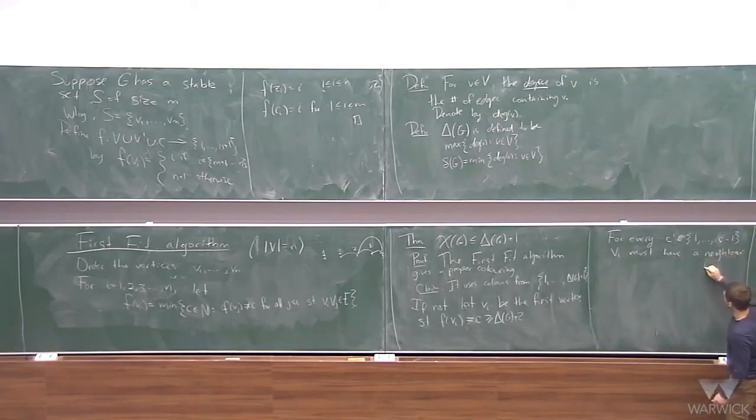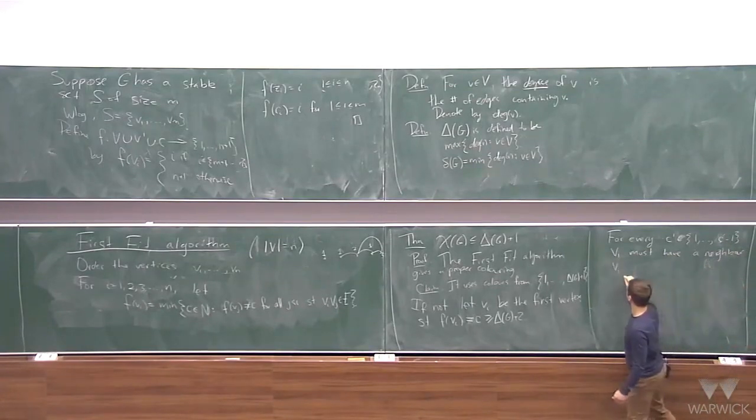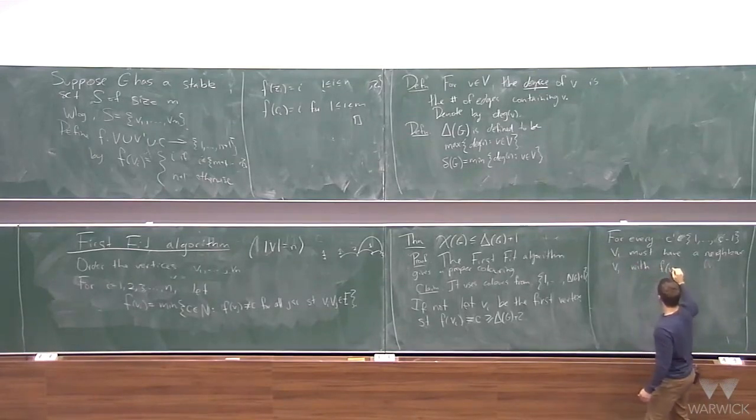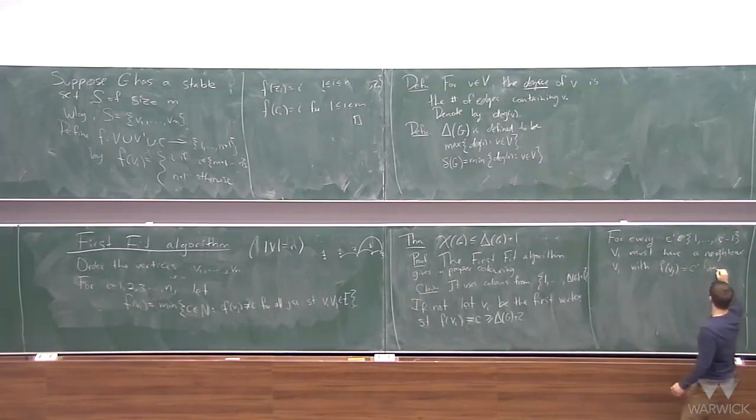When I say neighbor, I mean a vertex which has an edge to vi, vj, with f of vj equals C prime, and j is less than i.